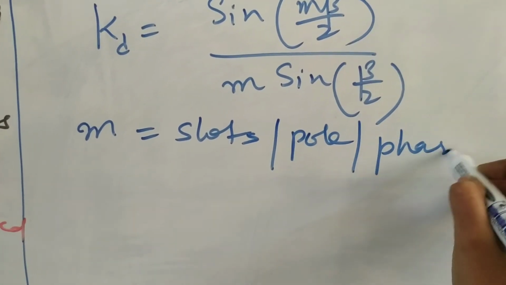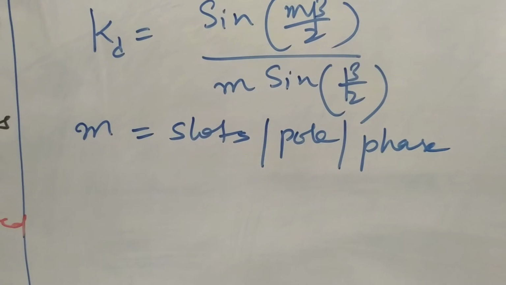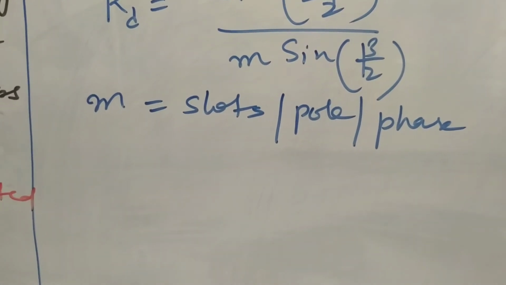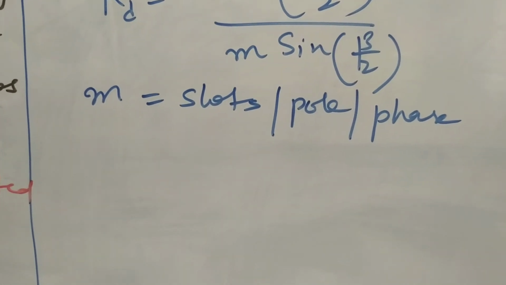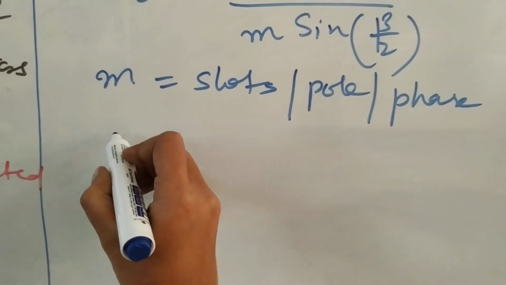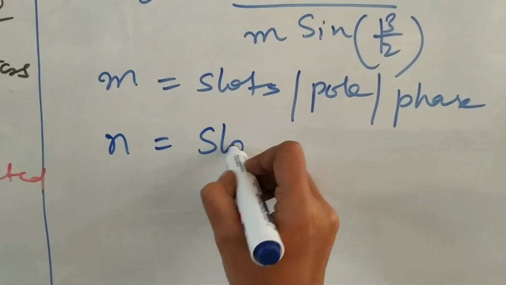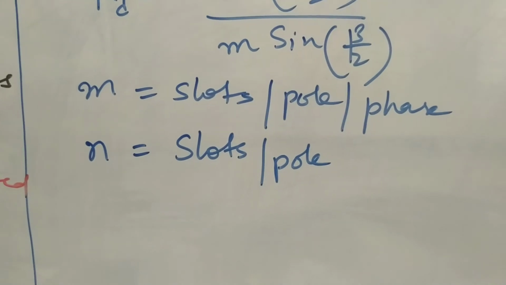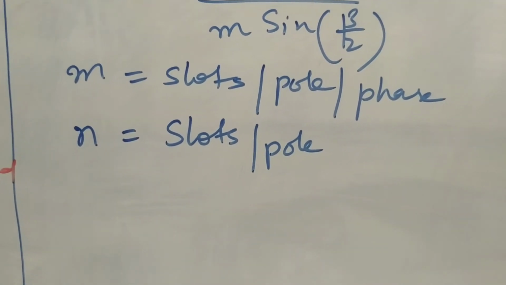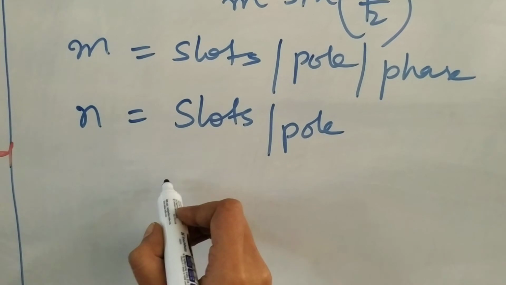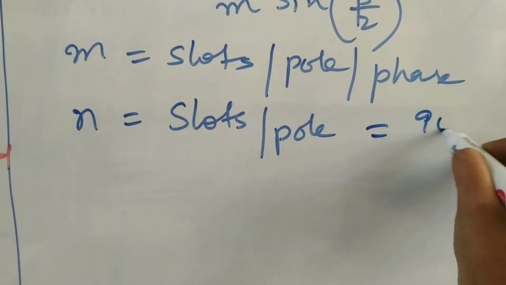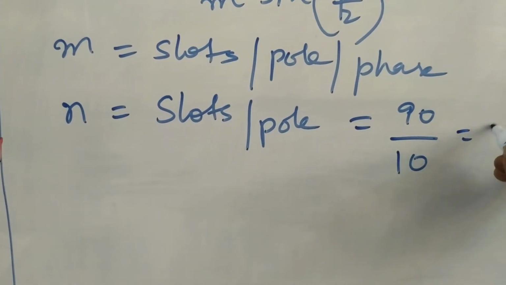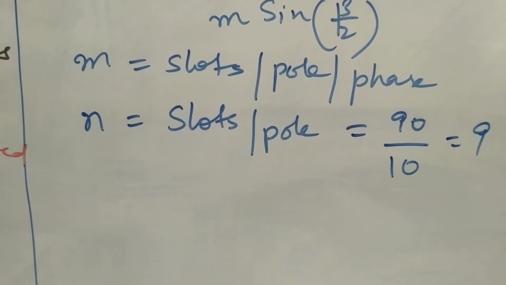Before I start with the slots per pole per phase, you should know the value of the slots per pole, which is given by n is equal to slots per pole. In the given problem, they have given the slots as 90 divided by the number of poles, 10. So it leads to 9. So the n value will be 9.